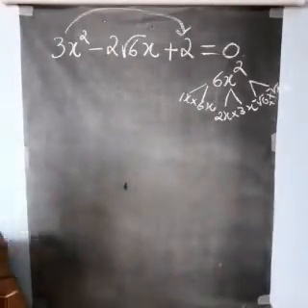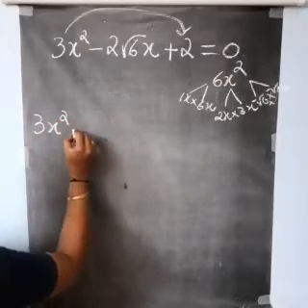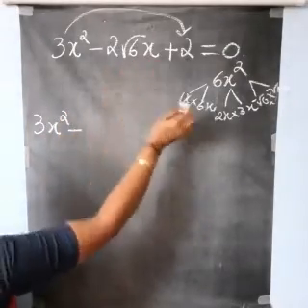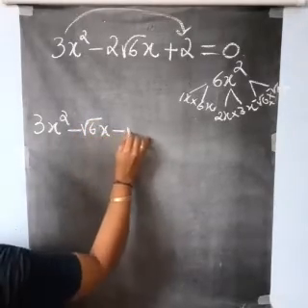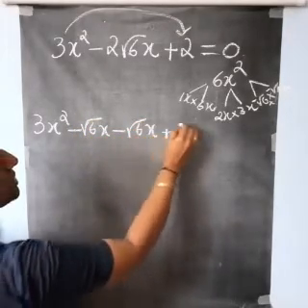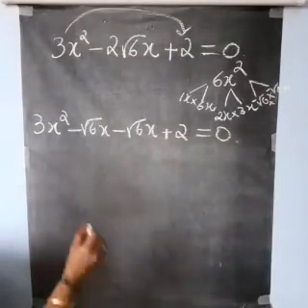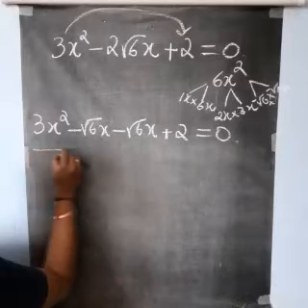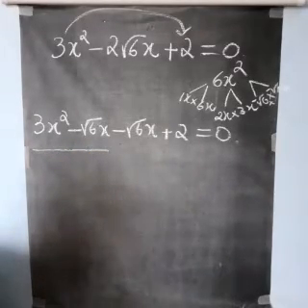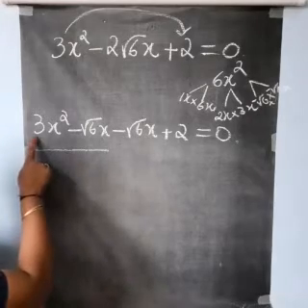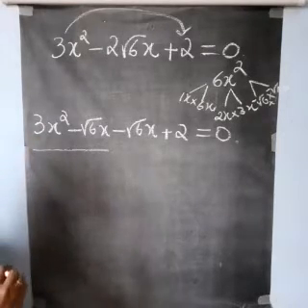When we are going to factorize, we will write the first term as it is, 3x squared minus, instead of 2 root 6x, I am going to split it as minus root 6x minus root 6x plus 2 equal to 0. Okay. Now let us see what is common in these two terms. When there is a radical sign, it is advisable to write down the factors of 3 using root.